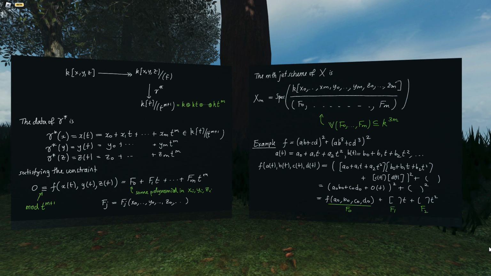And then you have higher order terms, but you don't care about those. That's F2. And then, okay, so if we let X be the vanishing set of F, the second jet scheme is going to be R in A0, A1, A2, and so on with B, C, and D, modulo these 3 equations.